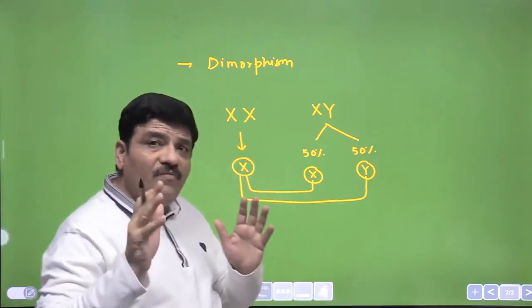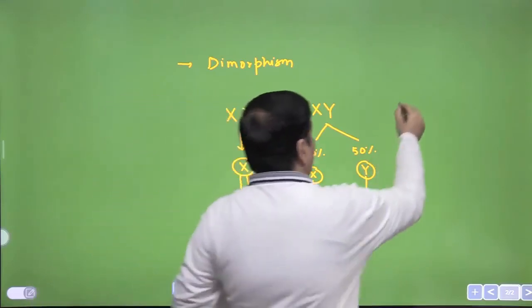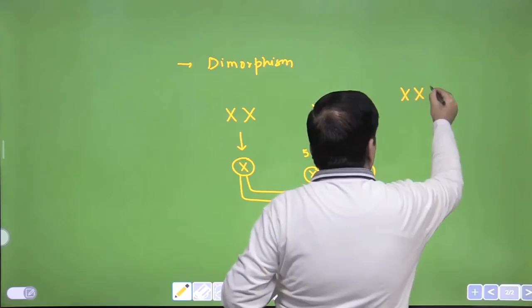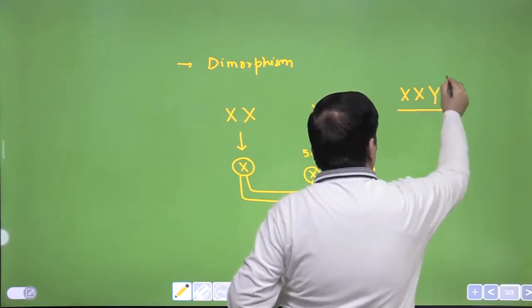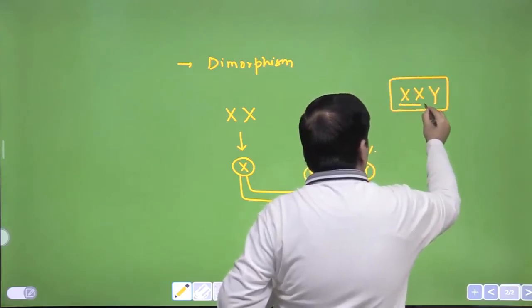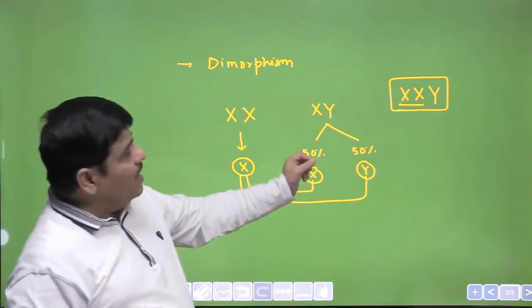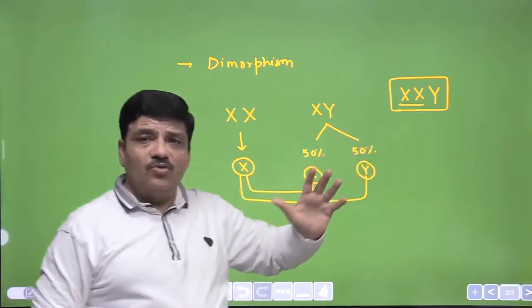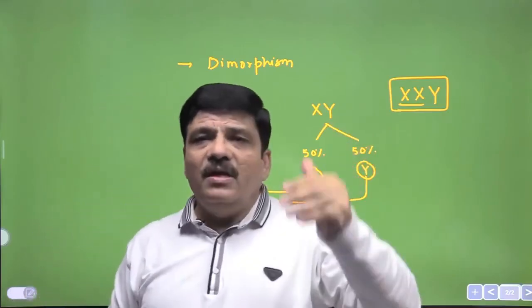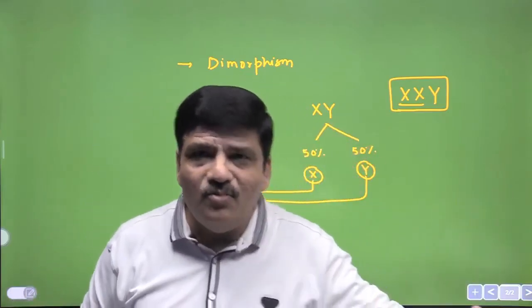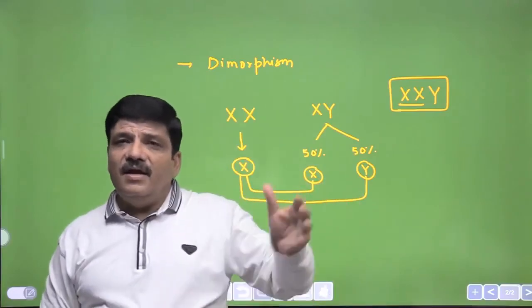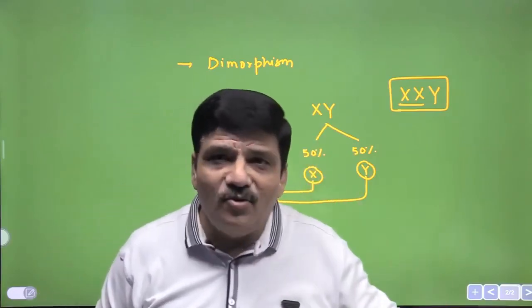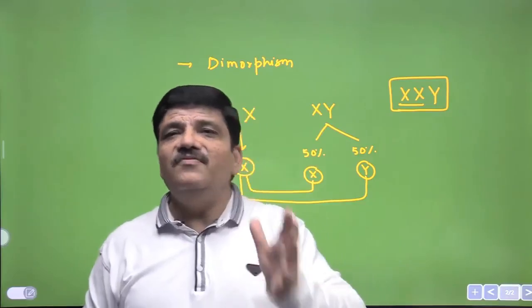Because you have read genetics, you know about Klinefelter syndrome. A person suffering from Klinefelter syndrome, in spite of having two X chromosomes, is actually a genetic male because of the presence of the Y chromosome. Very simply put, if the genotype has a Y chromosome, it is genetically male, and if it doesn't have a Y chromosome, then it is genetically female.